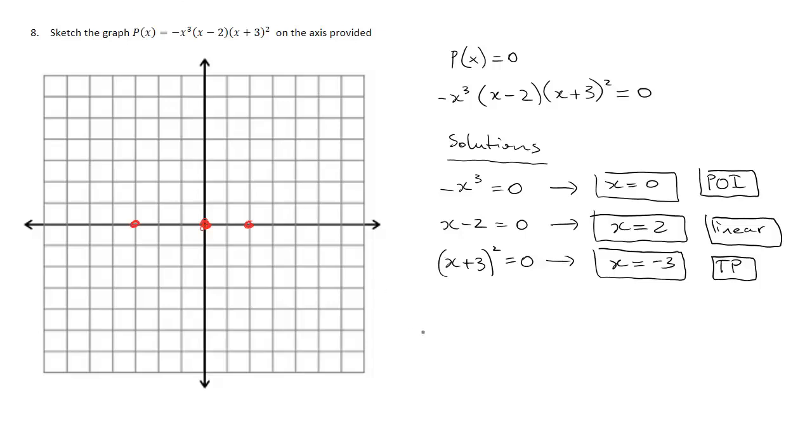It might be worth finding another coordinate though, and the reason for that is because we want to know what direction this graph is going in.